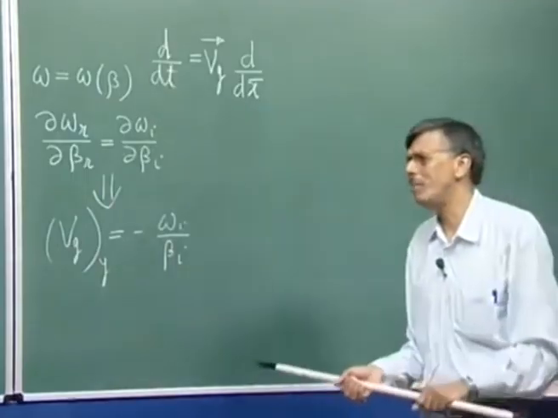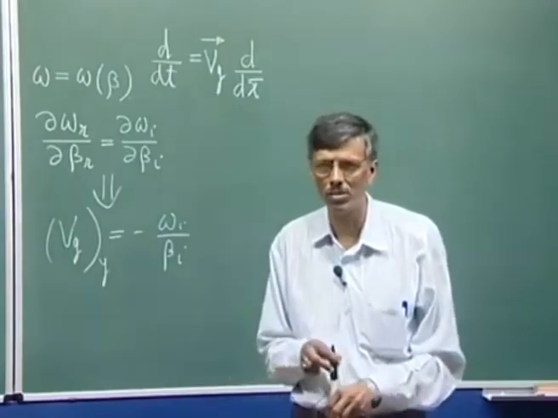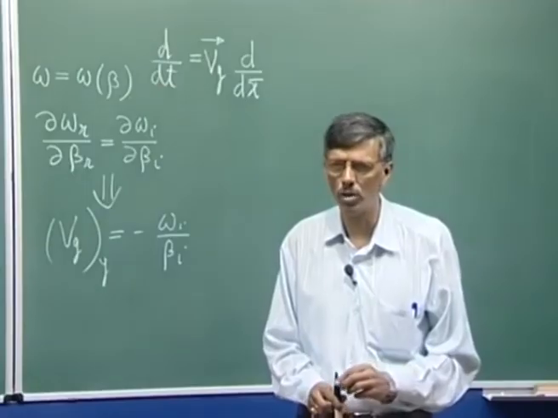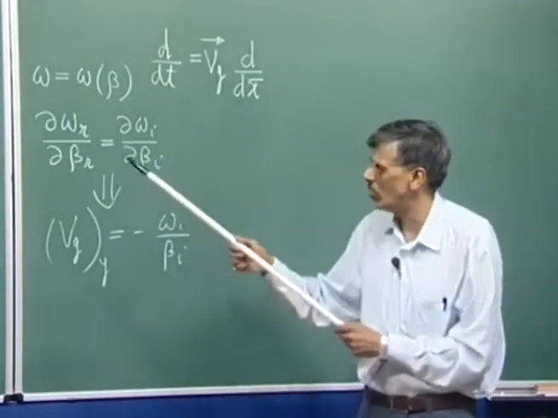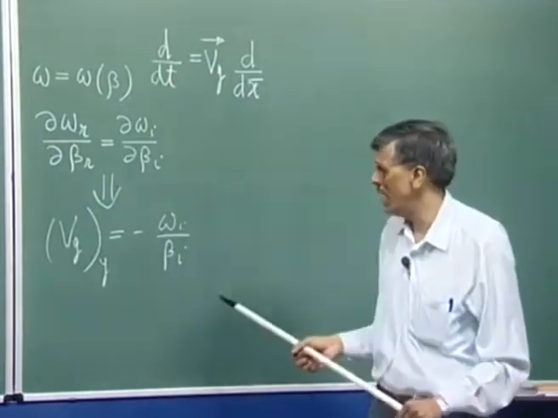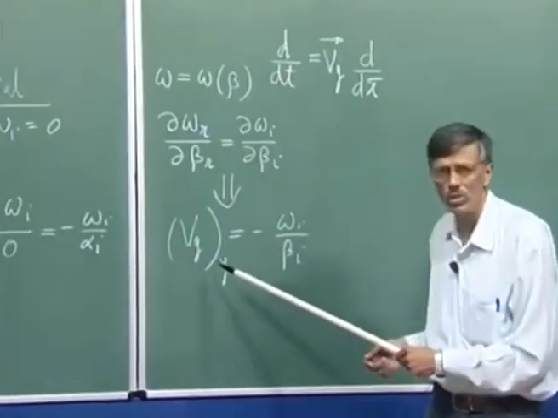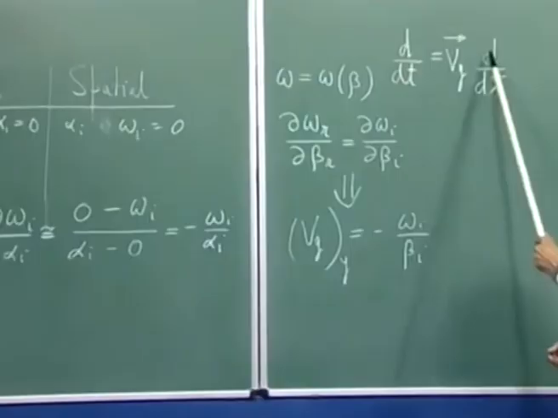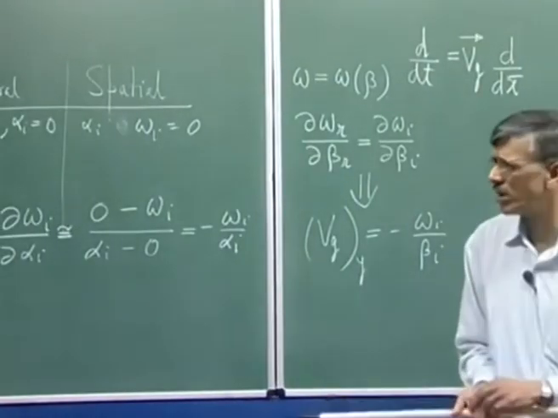So, this is what one would like to do. If you have a 3-dimensional instability problem, you adopt a temporal theory, you work out the components, the temporal growth rate, so omega r, omega I, and then you estimate the group velocities through this type of approximation, and then convert it into the spatial growth rate, right. So, this is what it is.